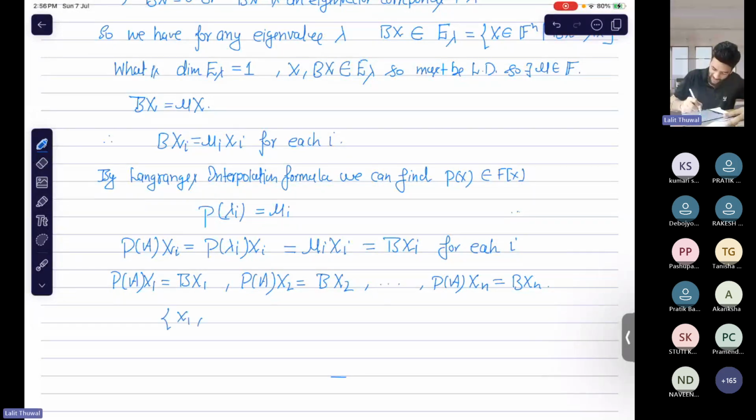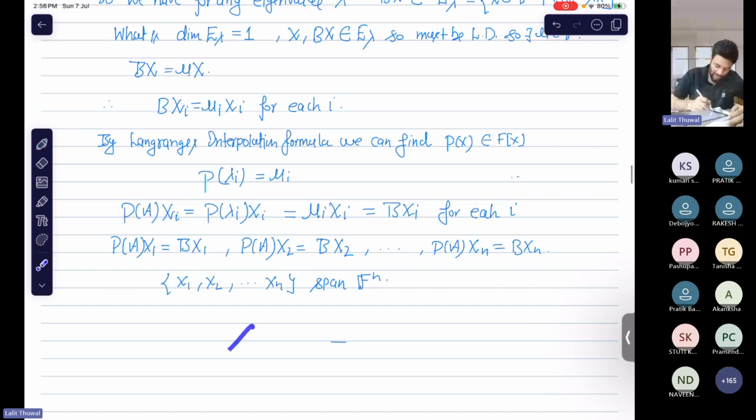Since x1, x2, ..., xn span Fn, because they are eigenvectors corresponding to distinct eigenvalues, they must be linearly independent, and any set of n linearly independent eigenvectors will span Fn. So suppose you have any vector x, then you can write it as a linear combination c1 x1 + ... + cn xn.